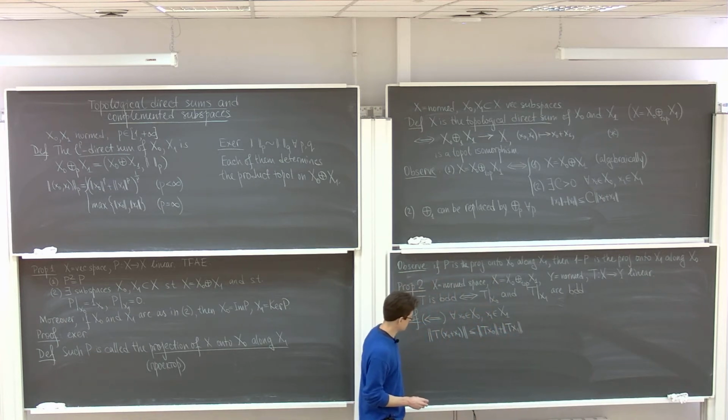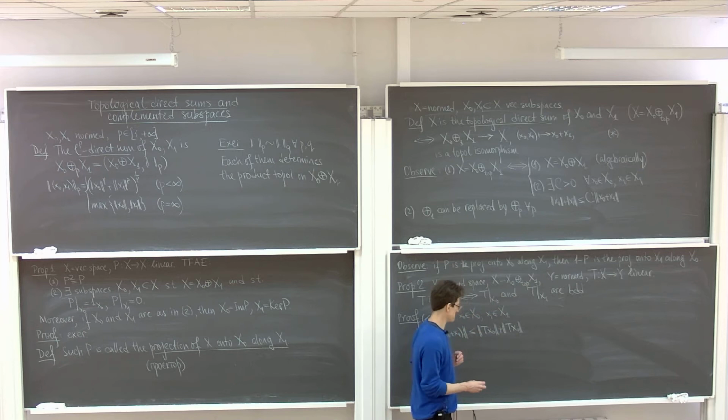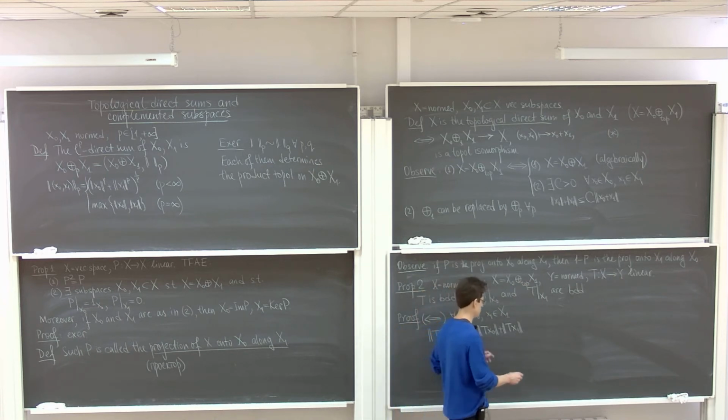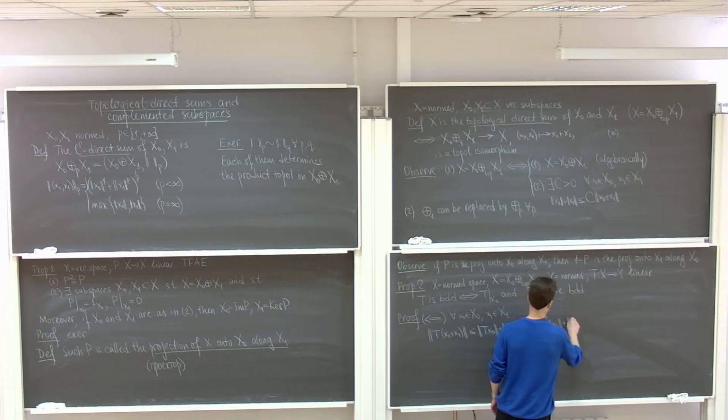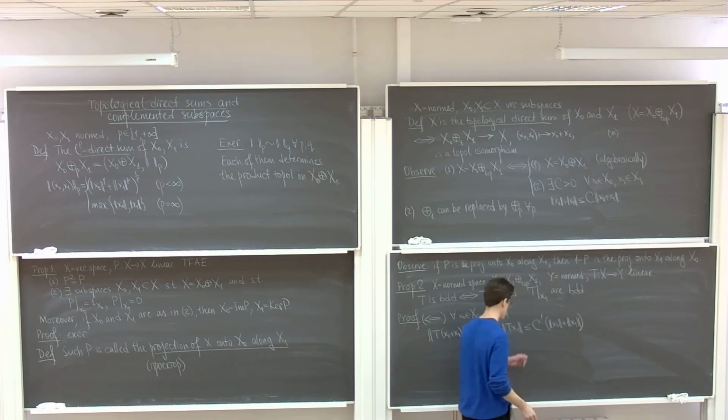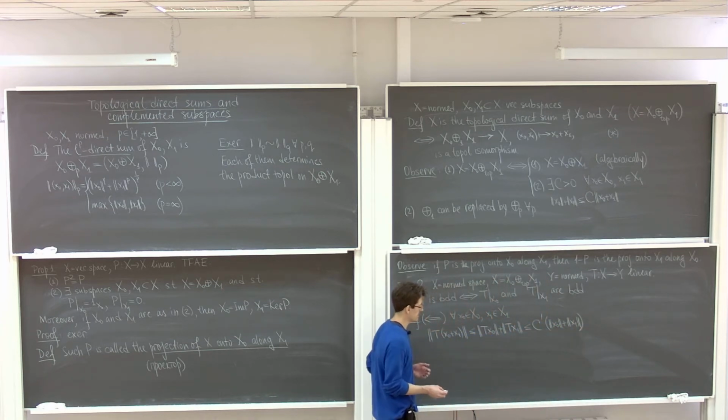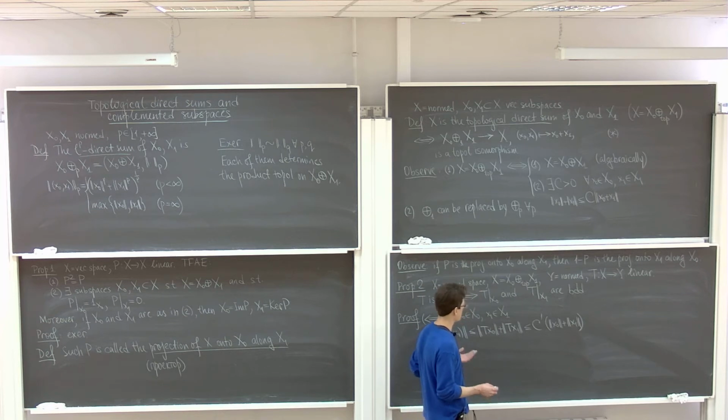Now we know that each of these two restrictions is a bounded operator, so we can estimate this as a constant, say C prime, multiplied by the norm of x0 plus the norm of x1, where C prime is, for example, the maximum of the norms of these two operators.